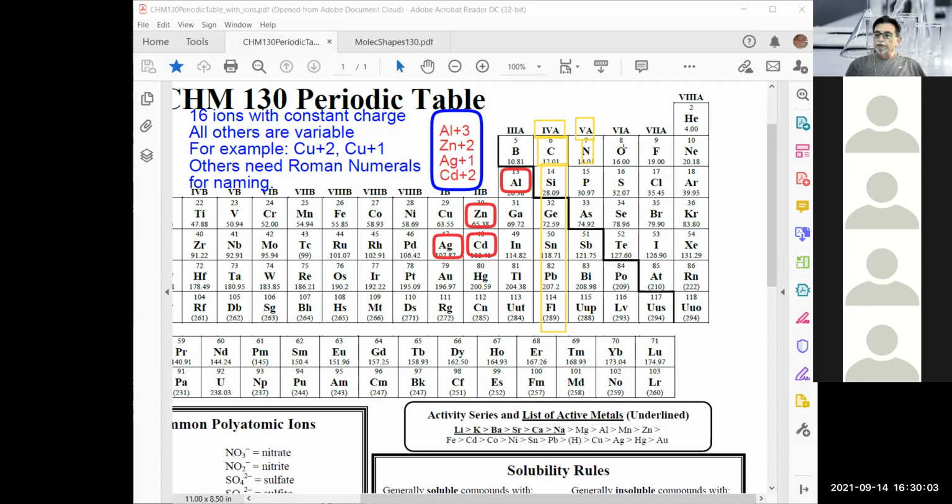Okay? How many valence electrons do you think oxygen has? The neighbor next door. What would you say? What's that Roman numeral? VI. What number is that? 6.